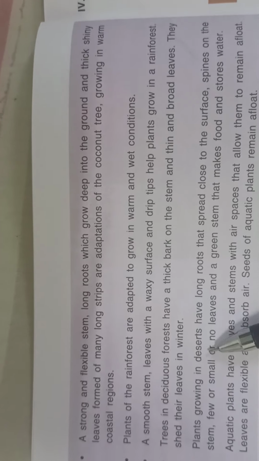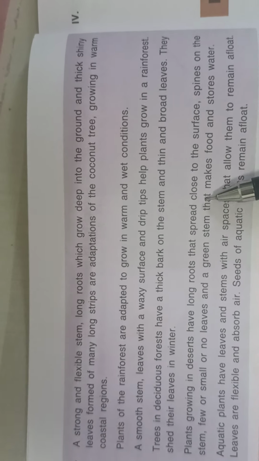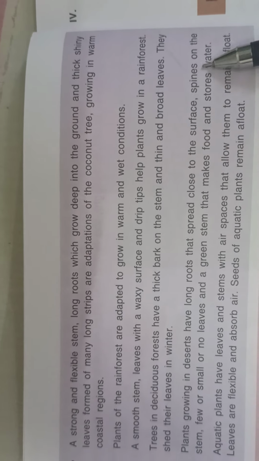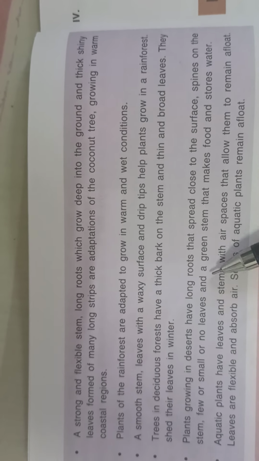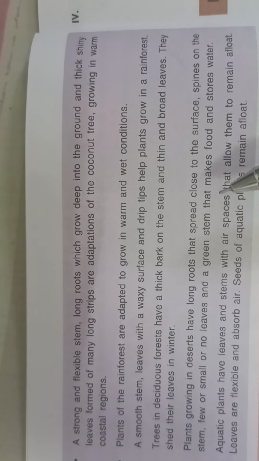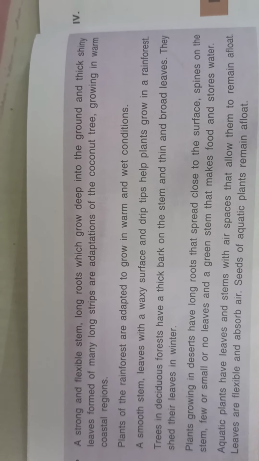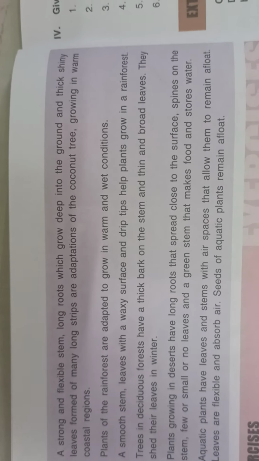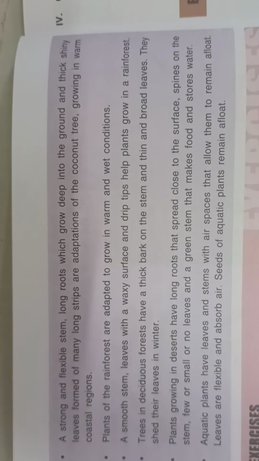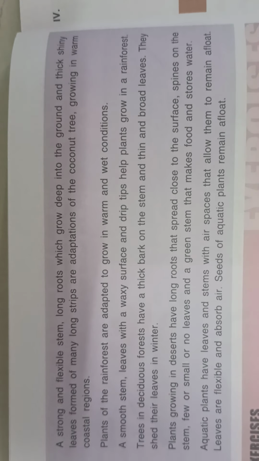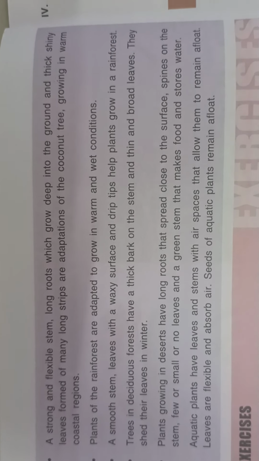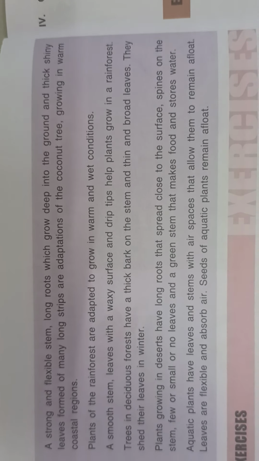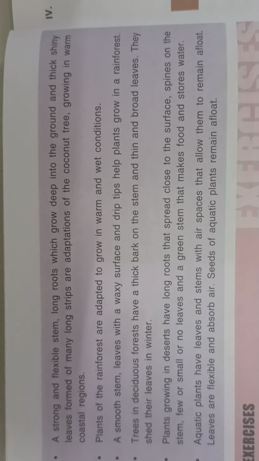Plants growing in the desert have long roots that spread close to the surface, spines on the stem, few or small or no leaves, and a green stem that makes food and stores water. So, the plants that grow in deserts are adapted to a very hot and dry climate. It has long roots that spread close to the surface.